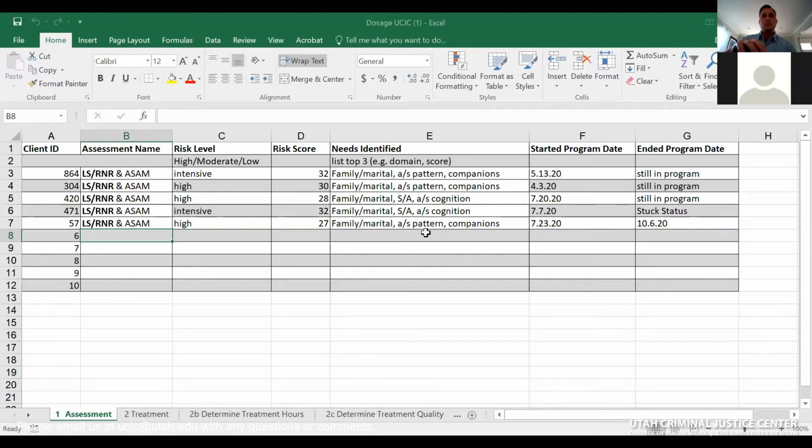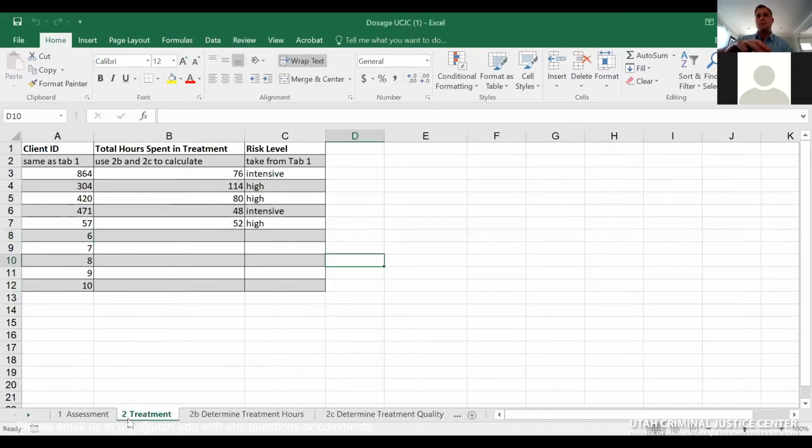Here we've got substance abuse. It looks like some overlap across these 5 individuals. And obviously just the program start date and end date. Looks like a few are still in the program and one's in a stuck status, if you will. The next tab really focuses on the total hours spent in treatment here.